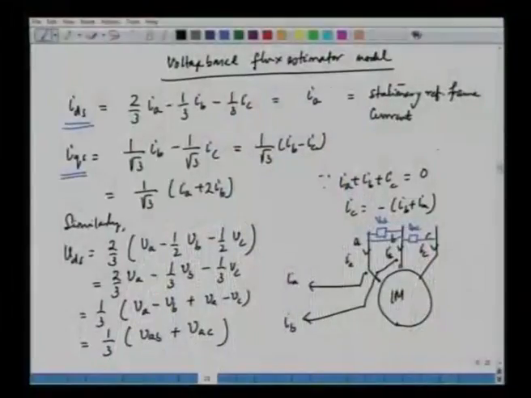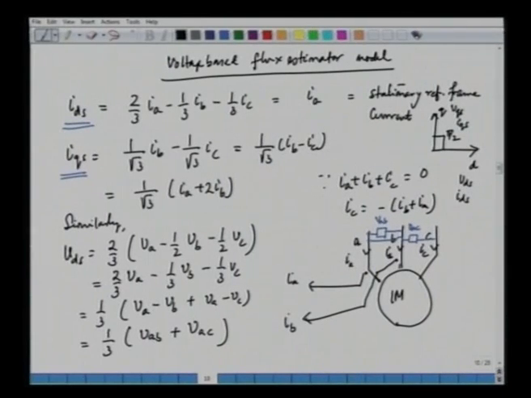It means I have a reference frame with a D axis and a Q axis, and the D and Q axes are stationary in space. They are not rotating, and correspondingly this will have VDS, IDS, and this will have VQS and IQS. That is what we are computing from the terminal variables.